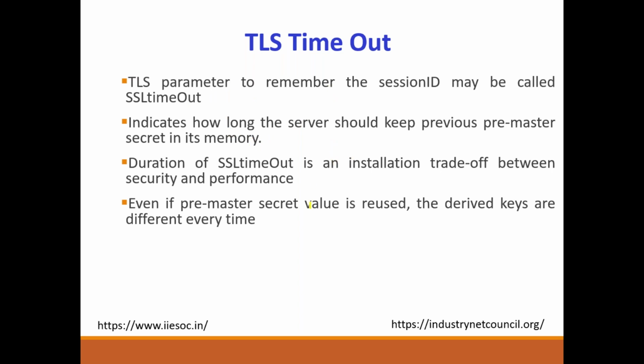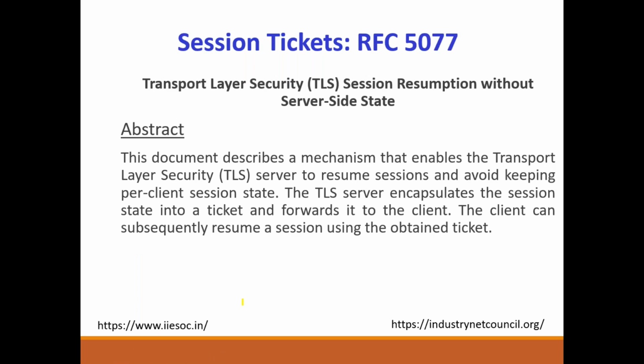What that is, is that you don't want to just use the previous pre-master secret if the guy was talking to you an hour ago. You may want to talk to him if it's 5 minutes ago, but not an hour ago. But even if you reuse that, the derived keys are different. So it's not like you're using the very same thing.